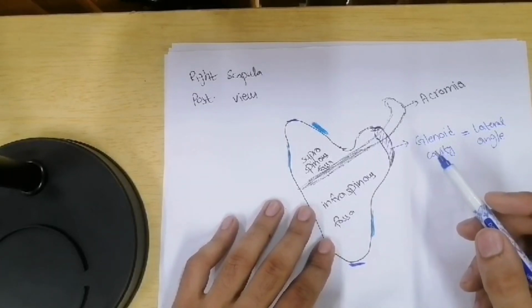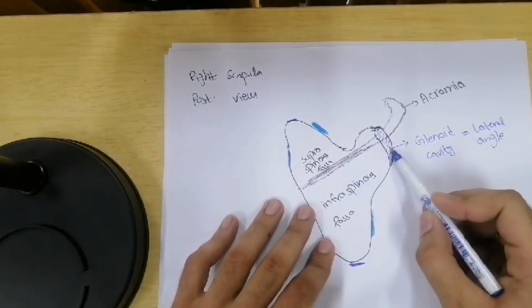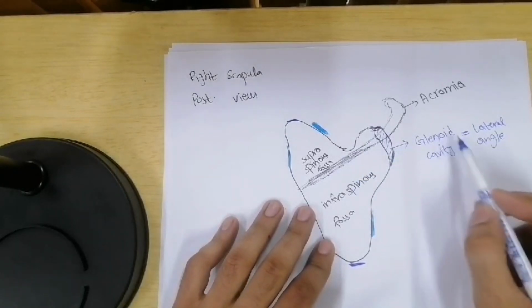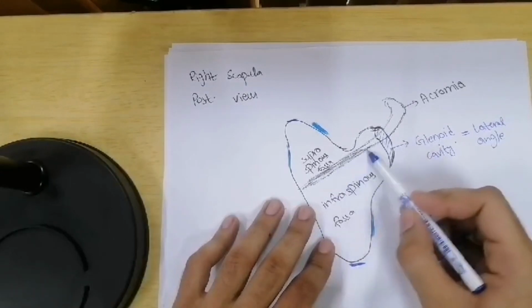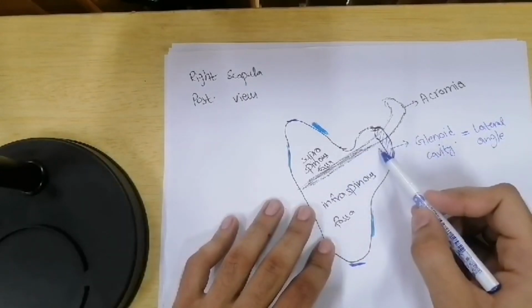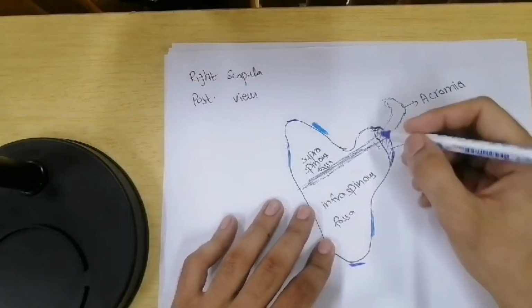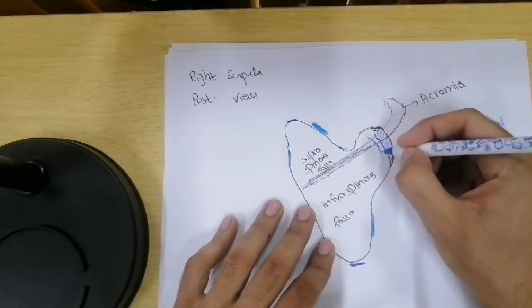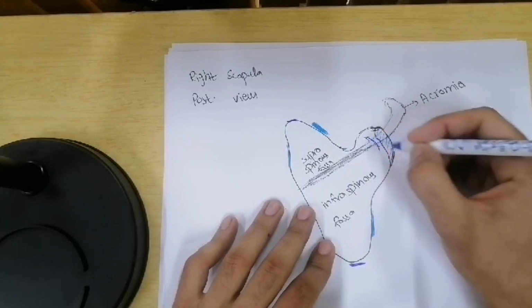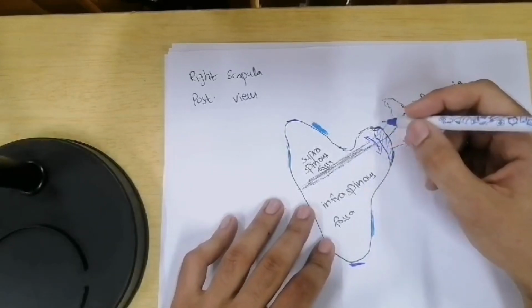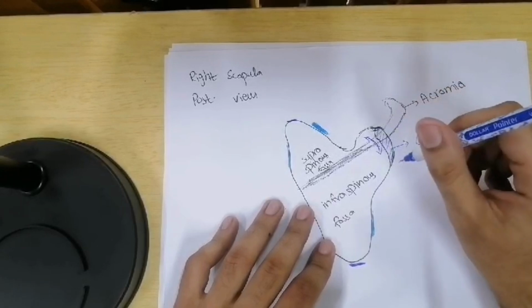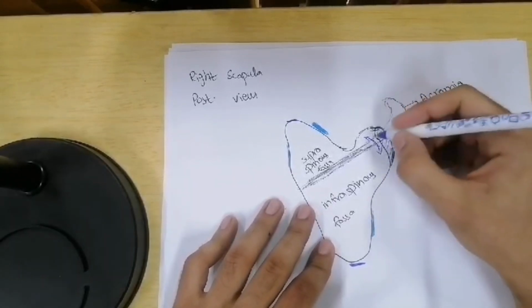Between the lateral angle, or glenoid cavity, and the attachment of the spine of the scapula, there is a notch, a cut, an incision known as the greater scapular notch.